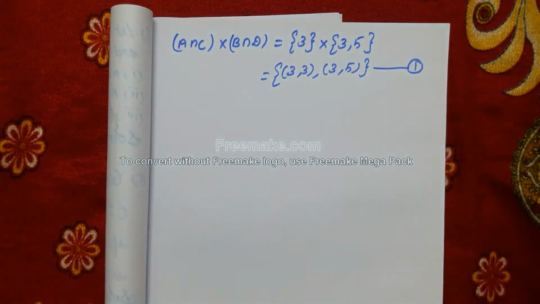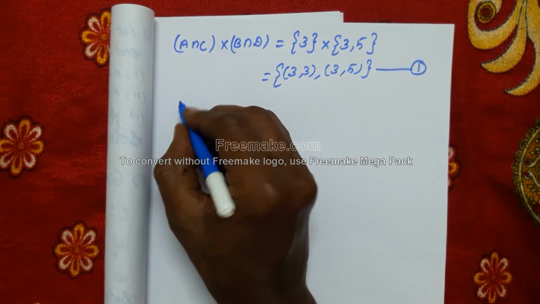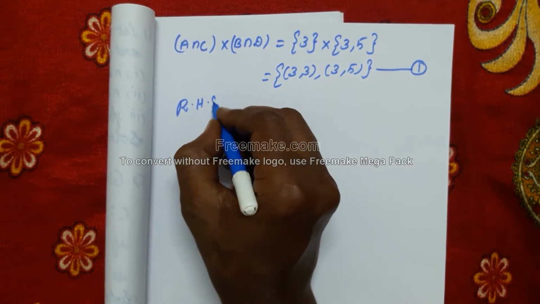Next, in the right hand side, what do we have to find out? A cross B intersection C cross D. Is it? So, right hand side, RHS.